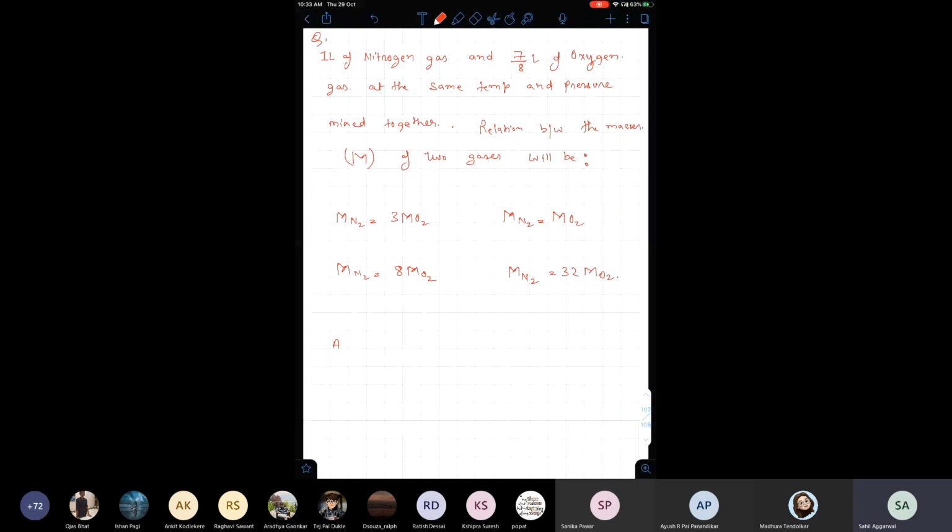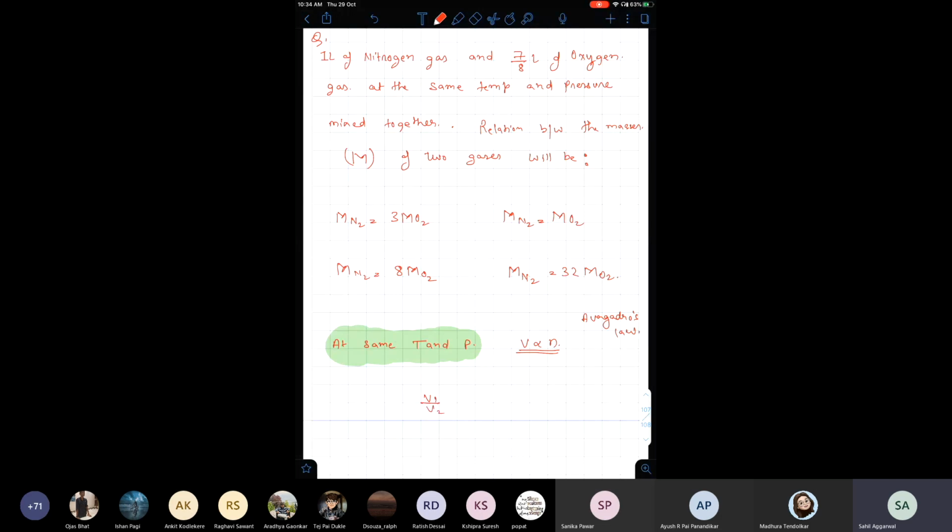At same temperature and pressure, Amod, volume is directly proportional to mole. At same temperature and pressure, volume is directly proportional to mole. That is Avogadro's law.